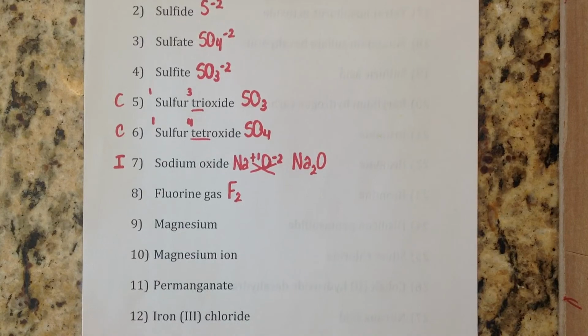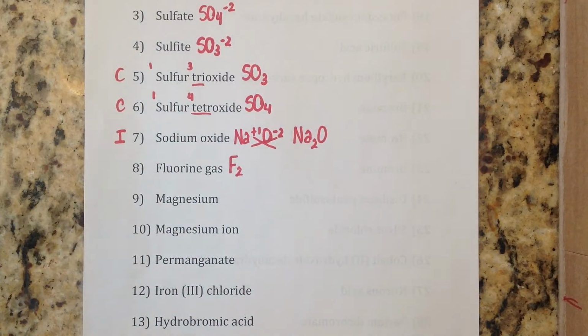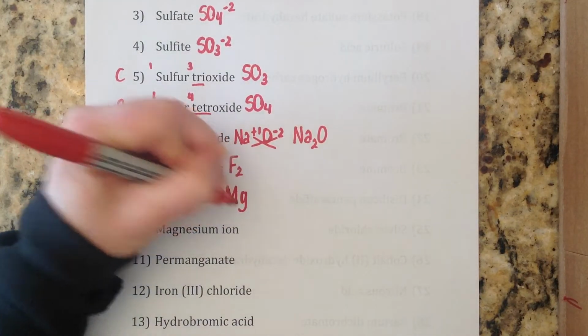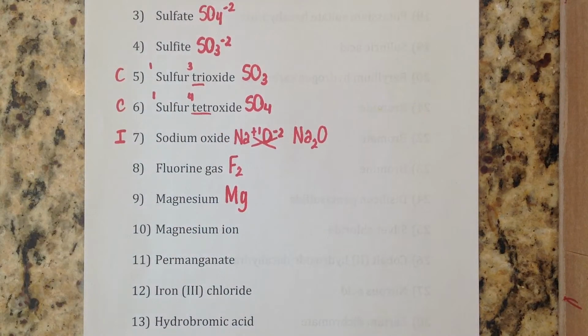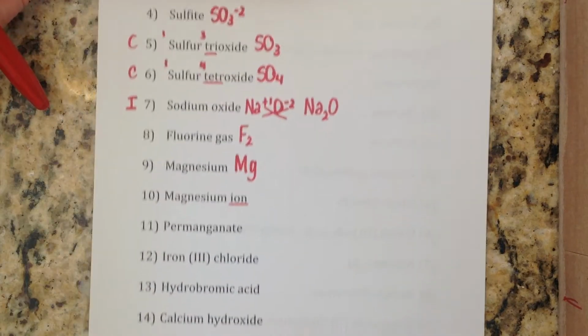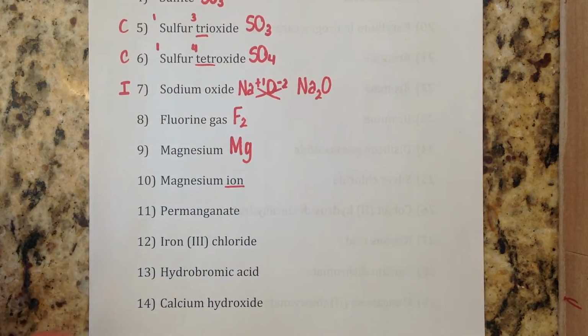All right, let's look at number 9, magnesium. Magnesium is just an element right on the periodic table. It is just a plain old metal, so Mg. Number 10 says magnesium ion. Now this little word right here tells you it's not just neutral magnesium anymore. What's happened is that magnesium has lost some electrons.